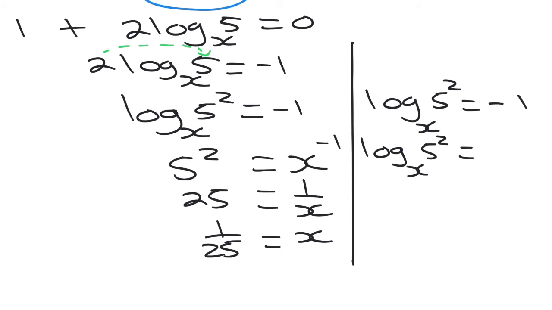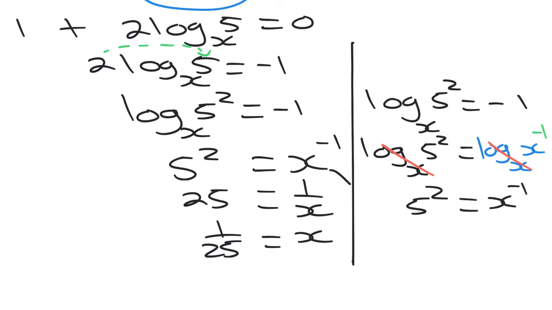On the right-hand side we can write negative 1 times log x base x, and this negative 1, which was just before the log x base x, will go to the power there. Now since you have two log x base x on both sides, you can just get rid of them. What are you left with? You're left with 5 to the power of 2 is equal to x to the power of negative 1, which is exactly as this step. Then carry on the same, and you will get x is equal to 1 over 25.